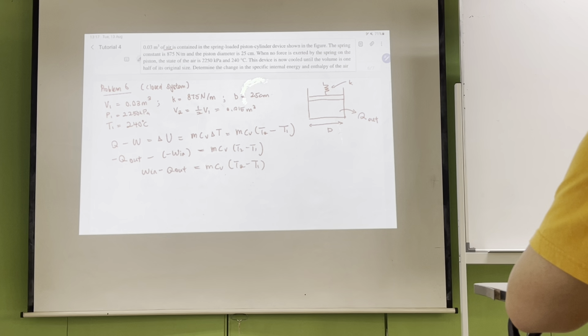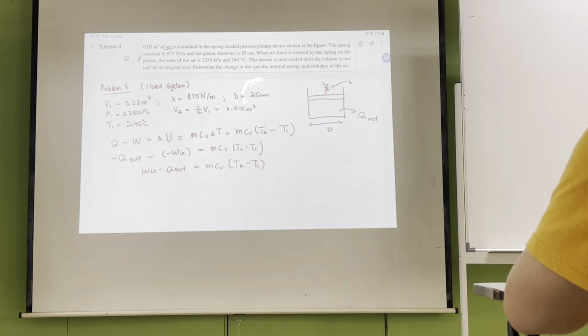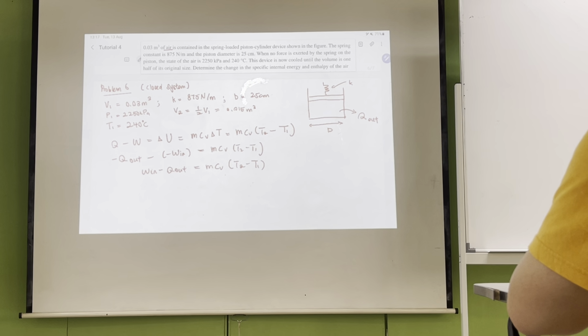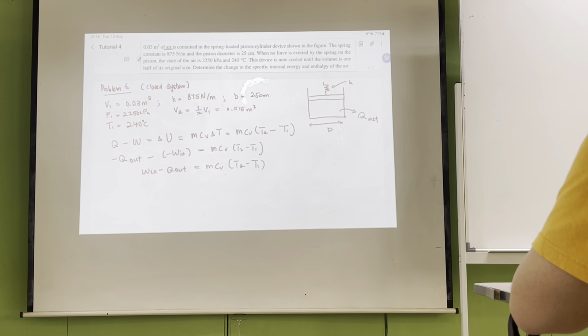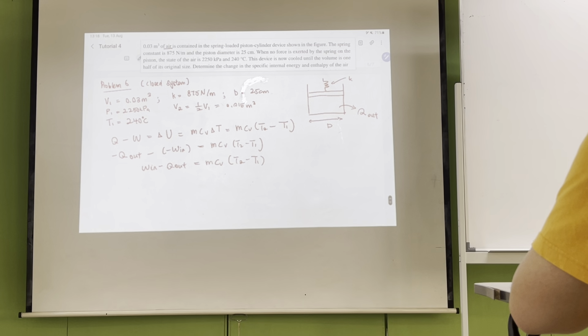Whether you are dealing with air or water, the method is still the same; we are just not using mCv delta T anymore. If you are doing water, it's just delta U, and you get the U value from the table. The work in and Q out are probably not too important here because you don't really need them in this case.